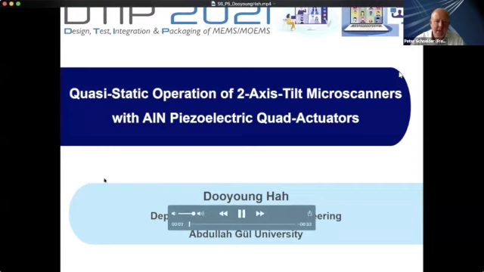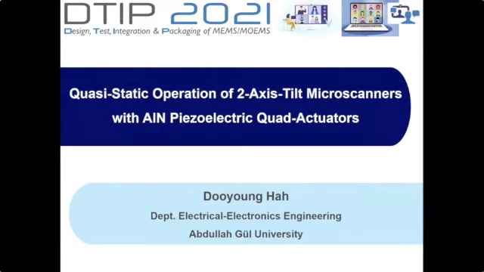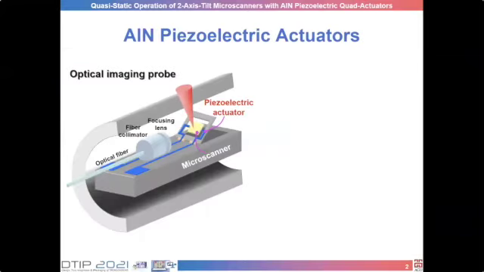And it's on electric actuators. The title of my presentation is Quasi-Static Operation of Two-Axis Tilt Microscanners with Aluminum Nitride Piezoelectric Quad Actuators. Among various application fields of microscanners, my focus is biomedical imaging.